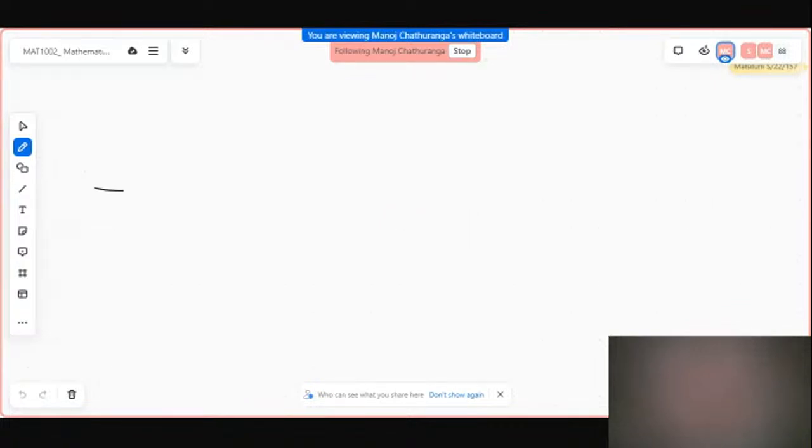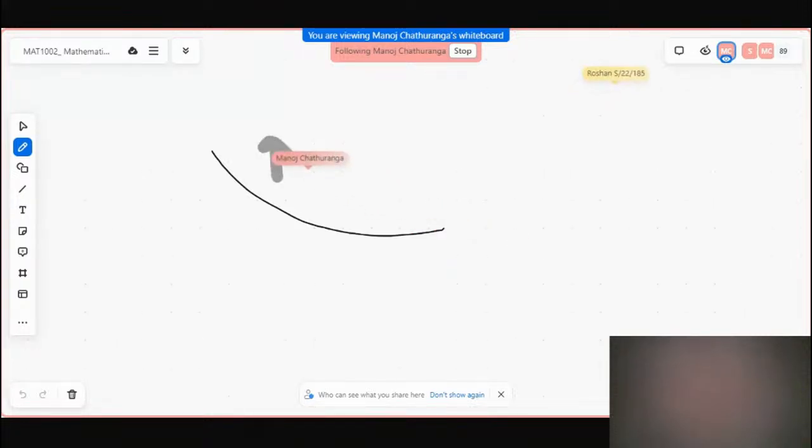Let's draw a concave up graph, a piece of a concave up graph. So it is looking up.